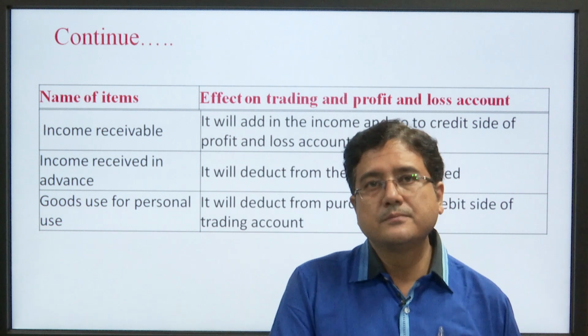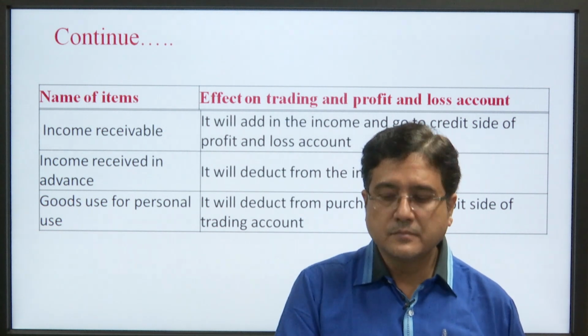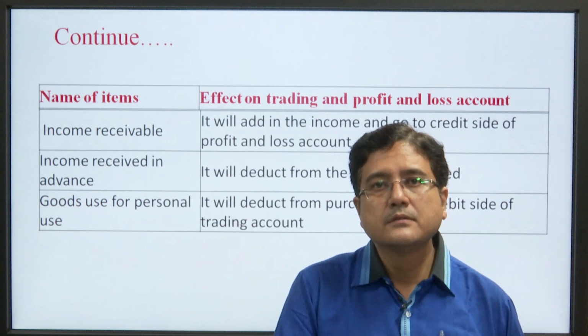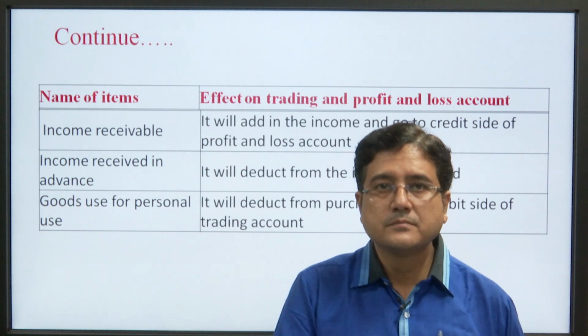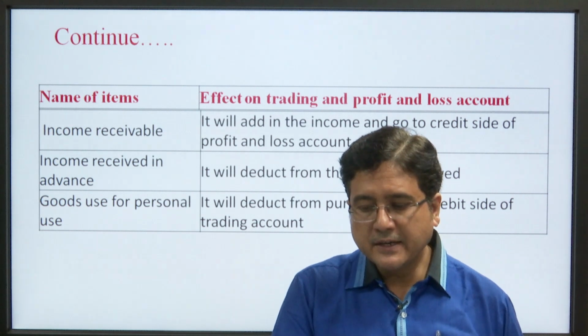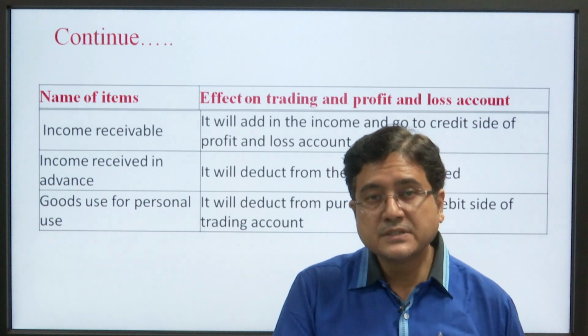Income receivable is added to income on the credit side of the profit and loss account. Income received in advance will be deducted from income received.